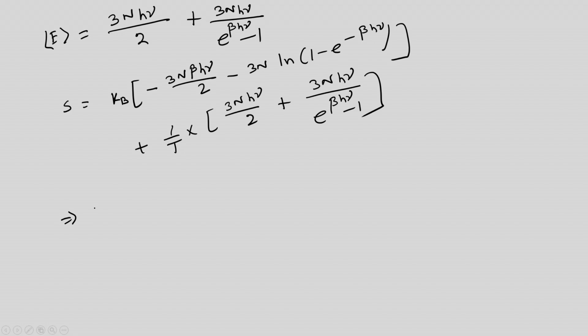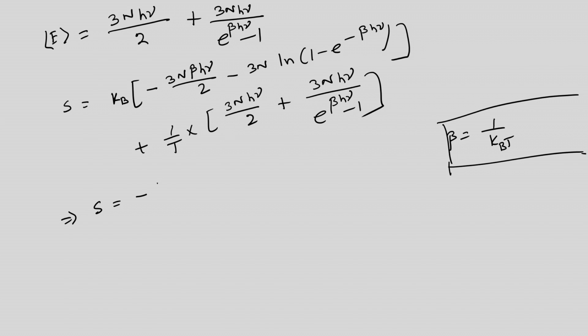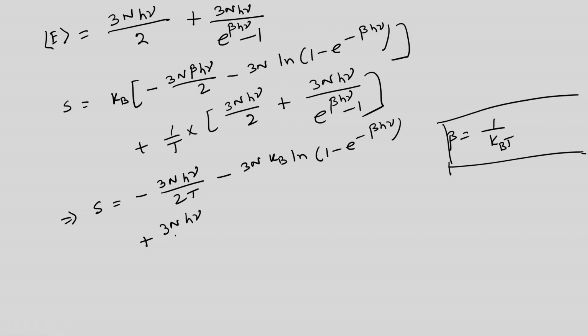Now β is 1 by k_BT, that we know. So, if we substitute that, we get S is minus 3n hν by 2T minus 3n k_B ln(1 - e^(-βhν)) plus 3n hν by 2T plus 3n hν by T times 1 by (e^(βhν) - 1).